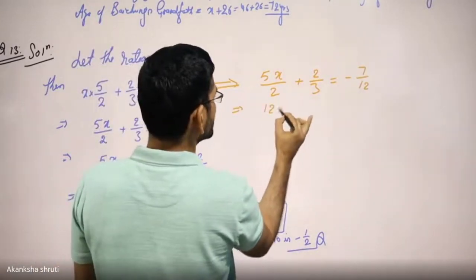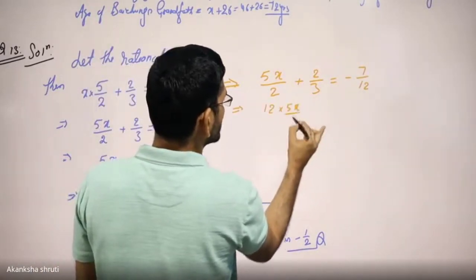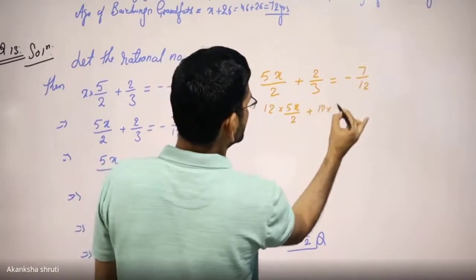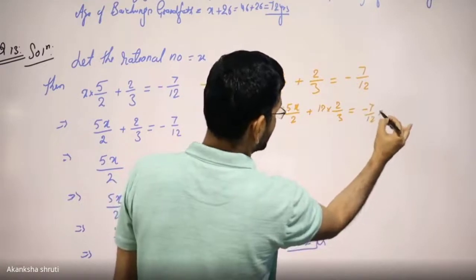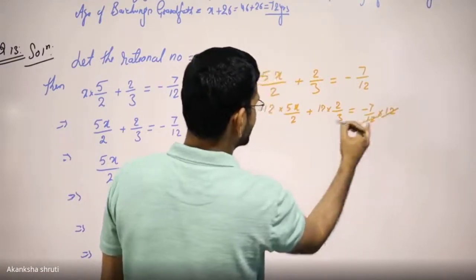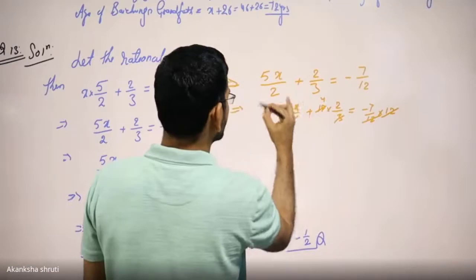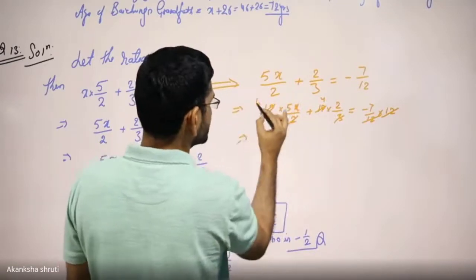So simply 12 into 5X by 2 plus 12 into 2 by 3 is equal to minus 7 by 12 into 12. These are getting cancelled. This is getting 6 times and this is getting 4 times.